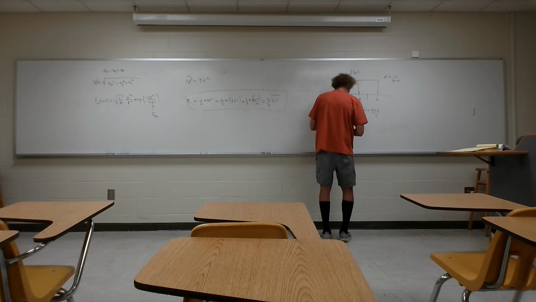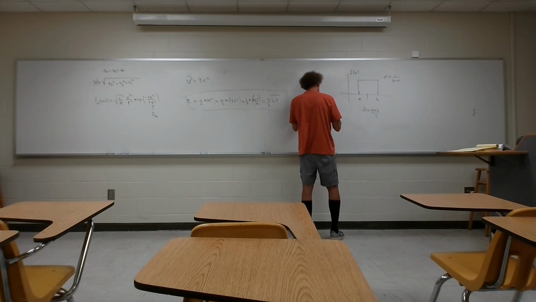Make that clear. These are the two takeaways. I'm not going to linger on this one. The variance of this is going to be equal to (B minus A) squared over 12.